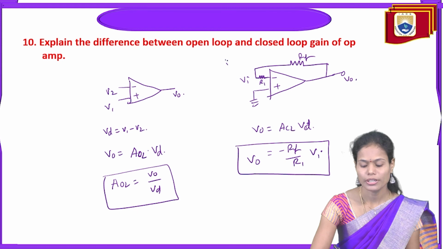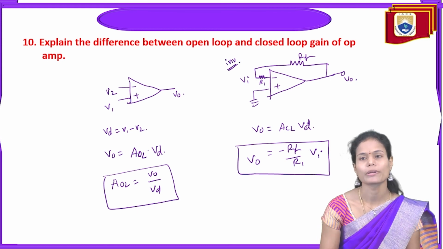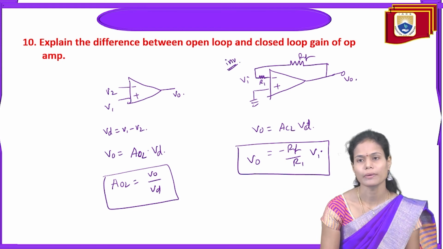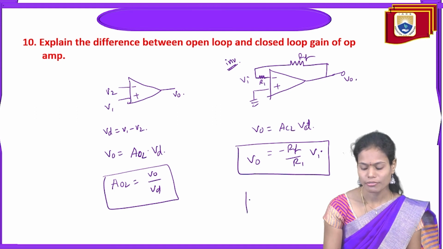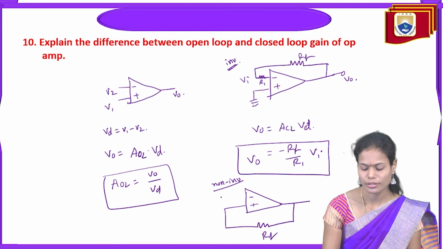In the case of the inverting operational amplifier, the gain is minus RF by R1 times VA. Suppose we add the feedback to the non-inverting terminal. In that case, we take the feedback RF here, and resistance R1 is also here.